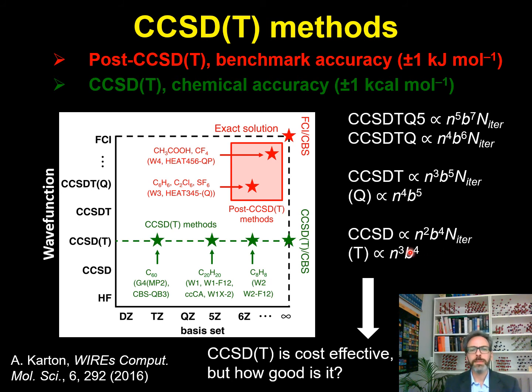So the CCSD(T) method is applicable to much larger systems, but we will see that this reduction in computational cost comes with some sacrifice in the accuracy and the applicability of these methods, especially to multi-reference systems.